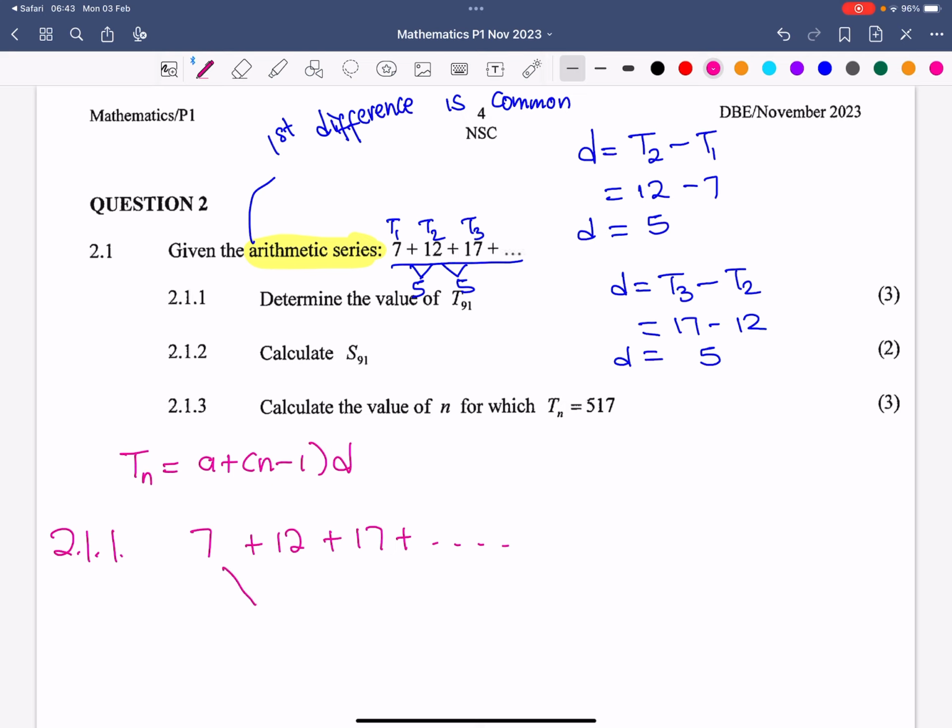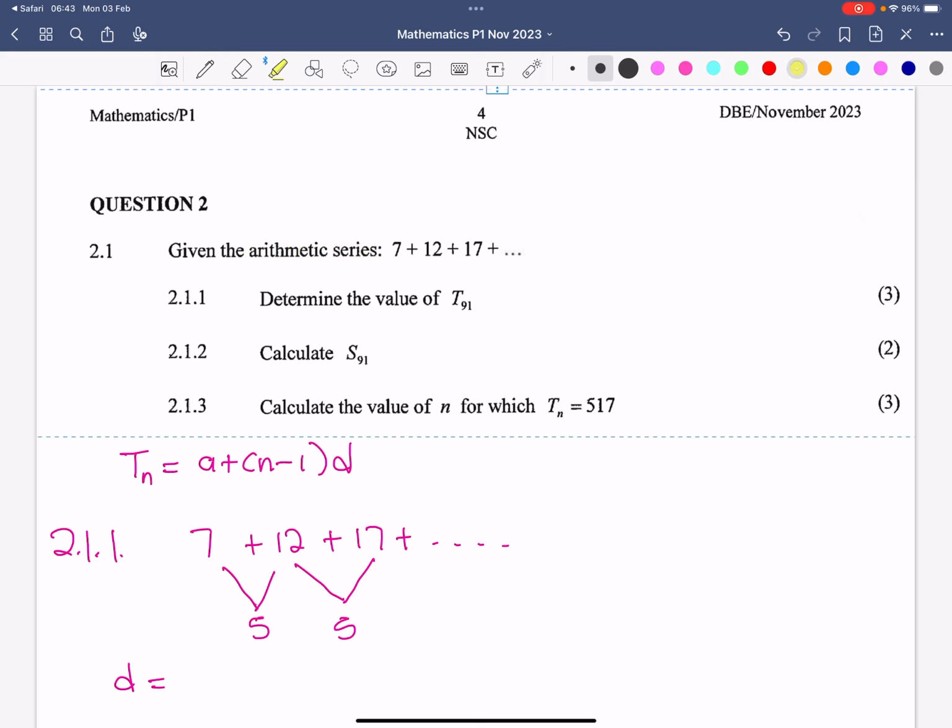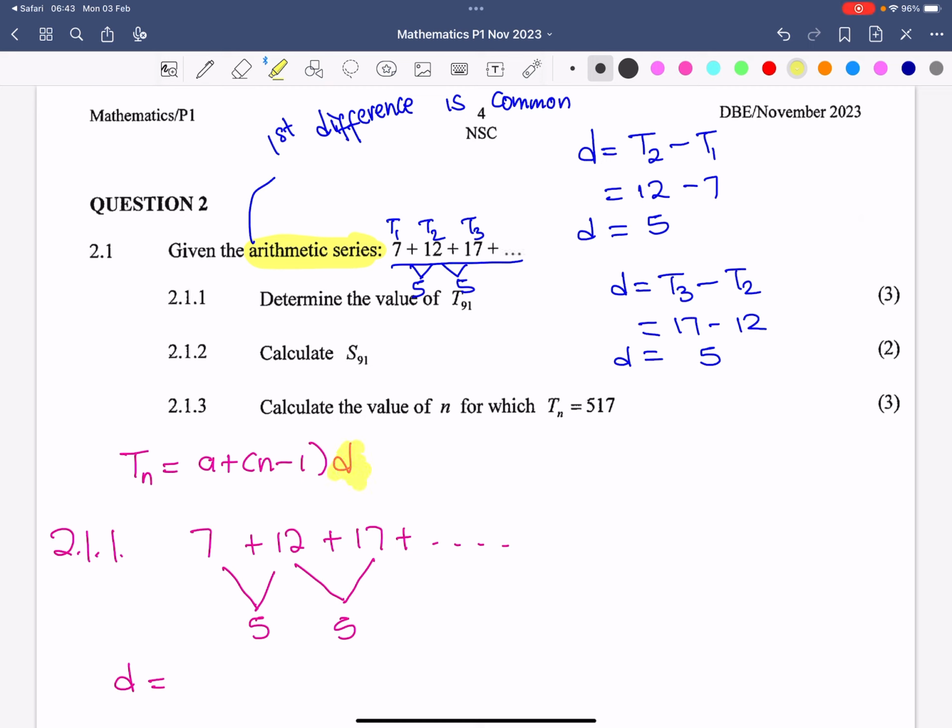We've already verified that this is an arithmetic series. So 12 minus 7 is 5, and then 17 minus 12 is 5, right? That's our common difference. So the value of d from our general formula is equal to 5.